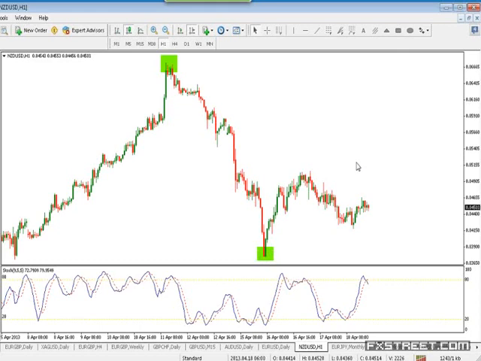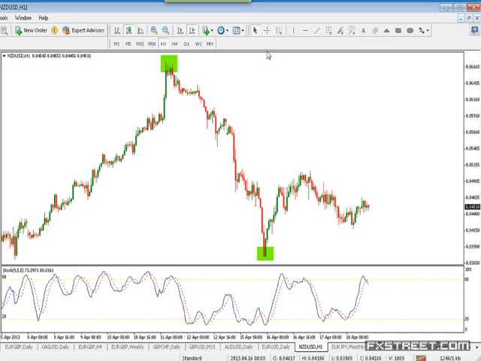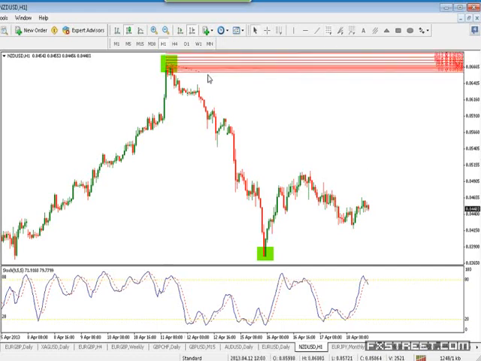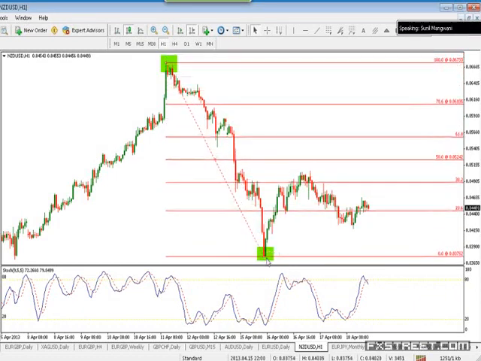So in this case, if this is my pivot high and a pivot low, let's use the simplest Fibonacci retracement. If we have an existing downtrend and price has started moving up, obviously we are looking for levels of resistance, so we plot Fib retracements from swing high to swing low.